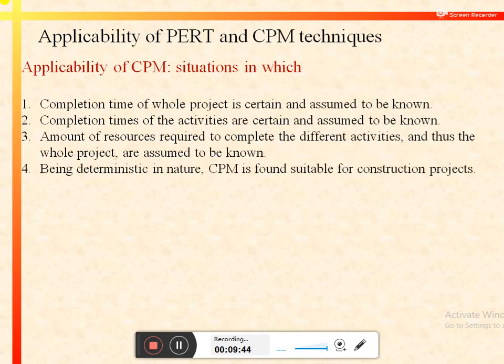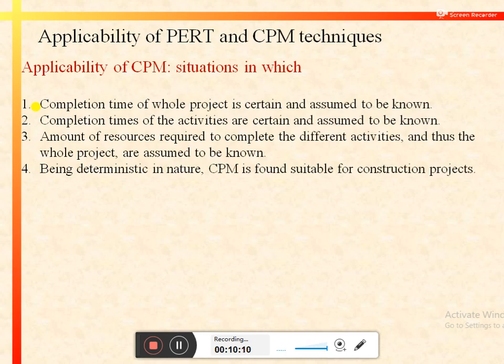The fourth condition is that, on the basis of the first three points, we can understand that under conditions of certainty, we can apply critical path method. So this technique becomes deterministic in nature.